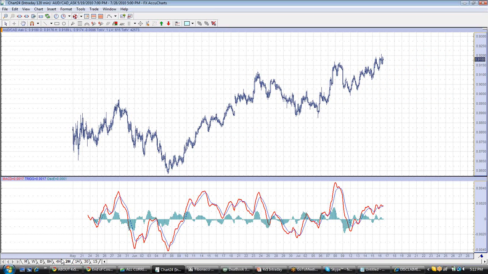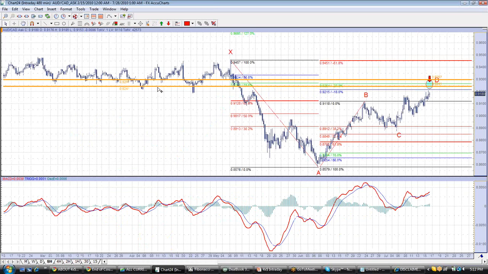And let's see what we have. We said that we're looking for a bearish pattern here in this range between 92.40 and 92.90.